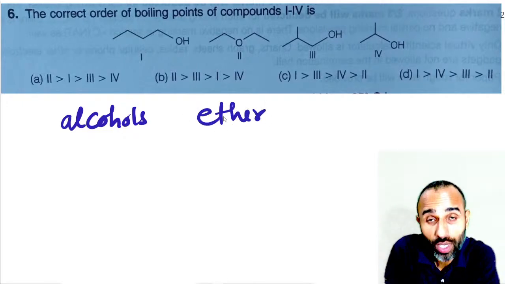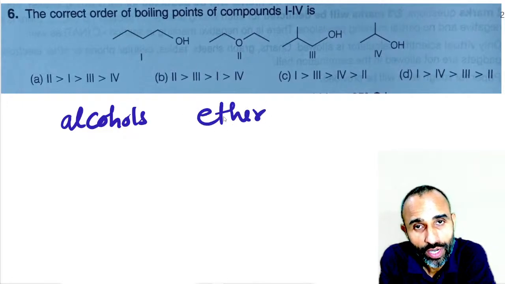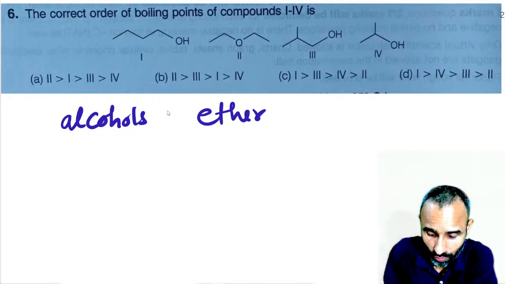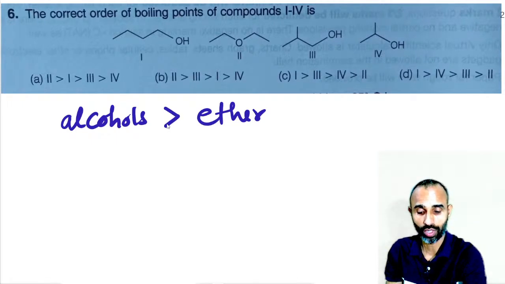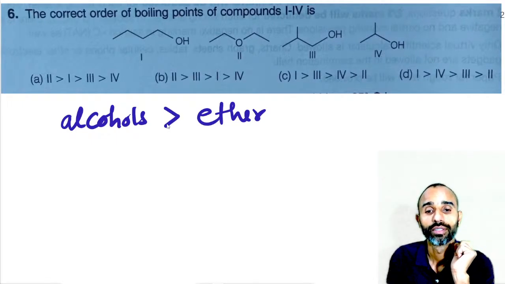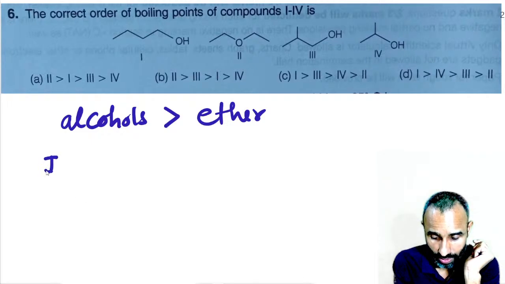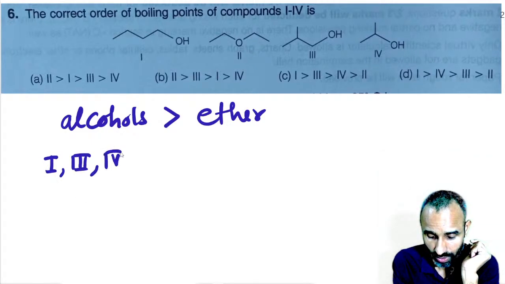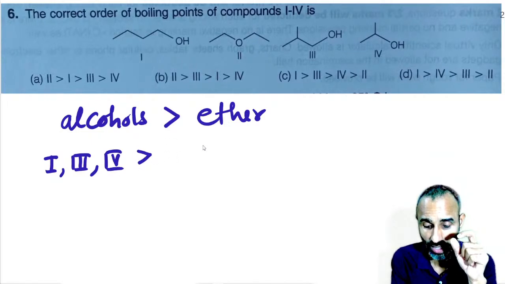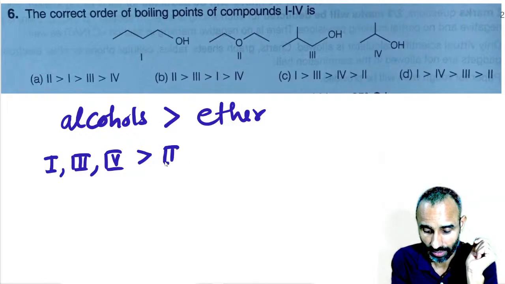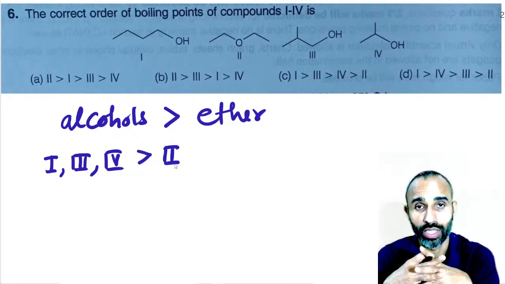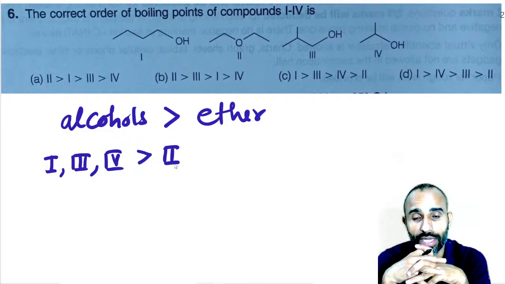So alcohol forming hydrogen bond, and that's why alcohols have higher boiling point than ether. Means first is alcohol, third is alcohol, fourth is alcohol. So first, third, fourth has higher boiling point than second, because in ether there is no hydrogen bonding.